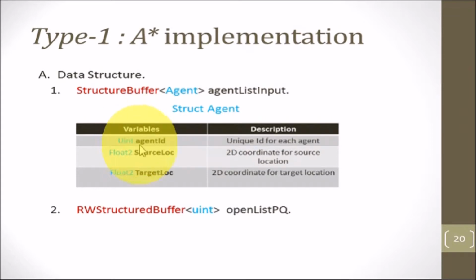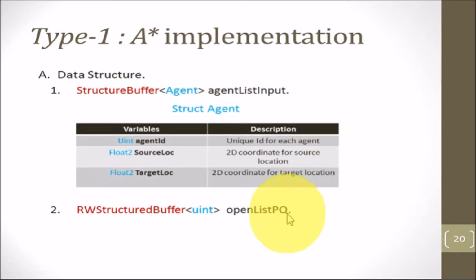The agent structure is something like uint agent ID, source location, and target location. This list is input to the algorithm from CPU to GPU, so it will be populated from the CPU, and the CPU allocates the source and destination for the pathfinding algorithm.